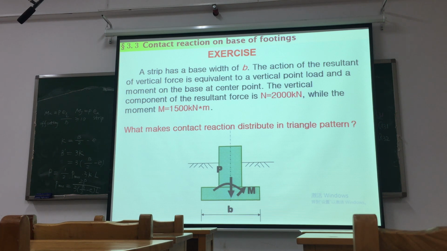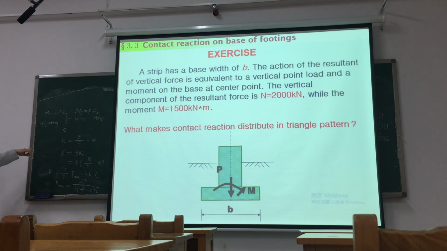Here there is a vertical point load and a moment. So maybe an eccentric load. Yes, an eccentric load subjected to the foundation. And the distribution may be triangle or trapezoid due to the offsetting.